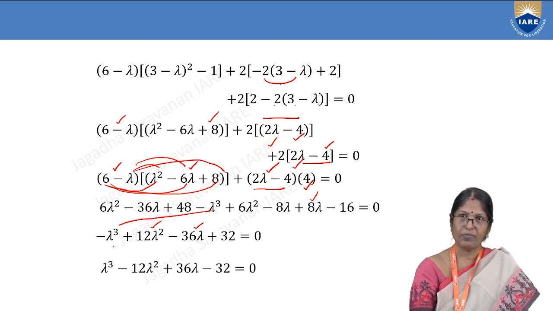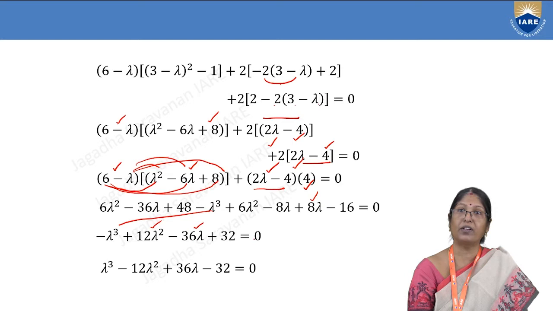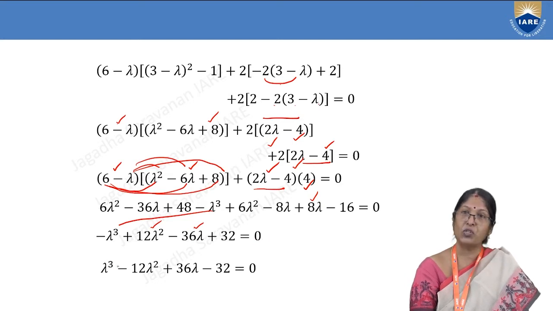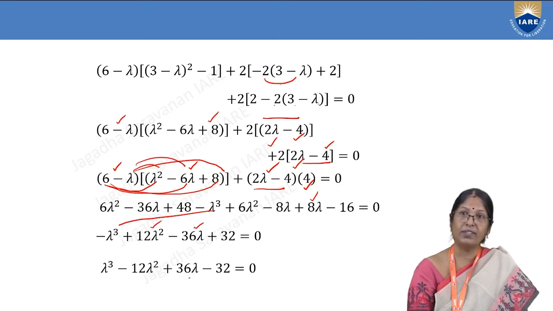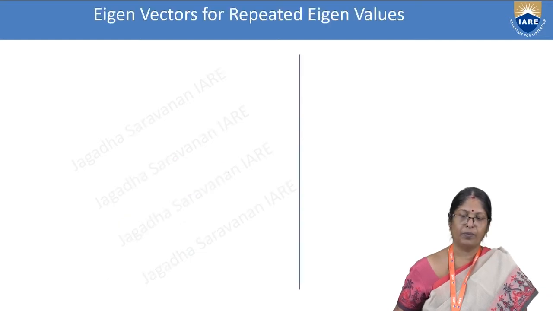Next, here minus lambda cube plus 12 lambda square minus 36 lambda plus 32 equal to 0. Just we are changing the sign. Lambda cube, wherever the negative, it is becoming positive. So lambda cube minus 12 lambda square plus 36 lambda minus 32 equal to 0.